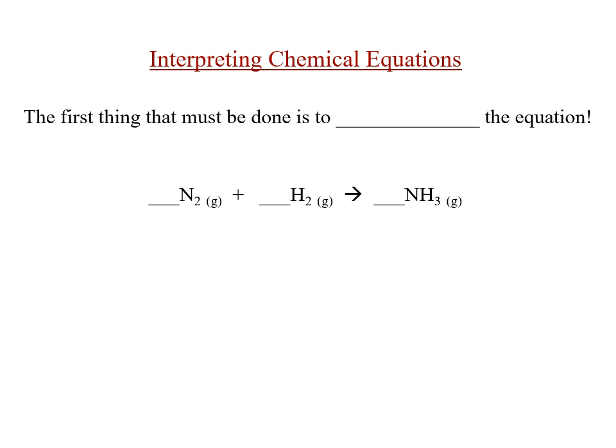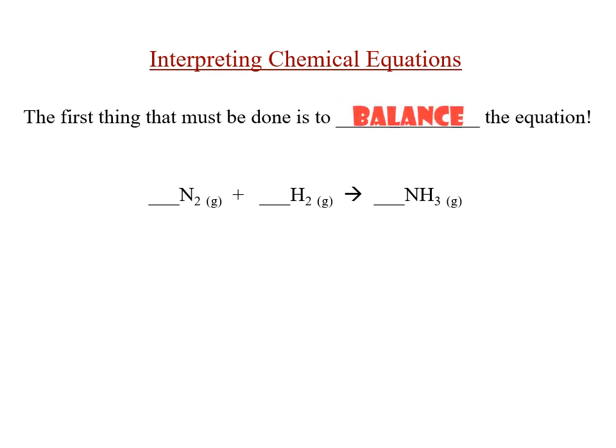So all we're going to do today is talk about how we interpret these chemical equations. And this is a lot like that table 12.1 that I had you copy into your notes. The reason I had you copy it is because that's what we're doing today. The first thing that must be done is you must balance the equation. There is no stoichiometry without a balanced equation. Impossible. Why?